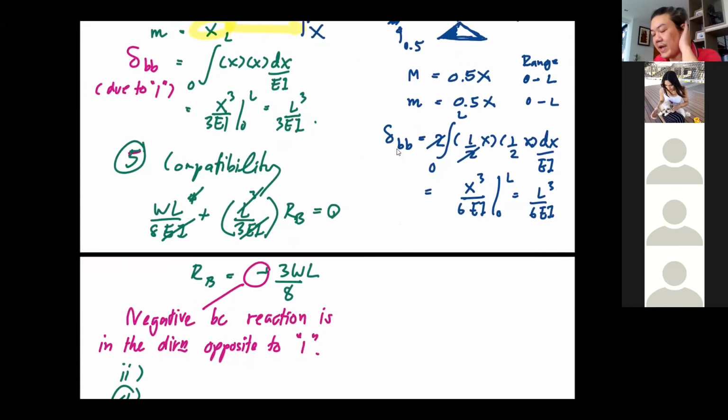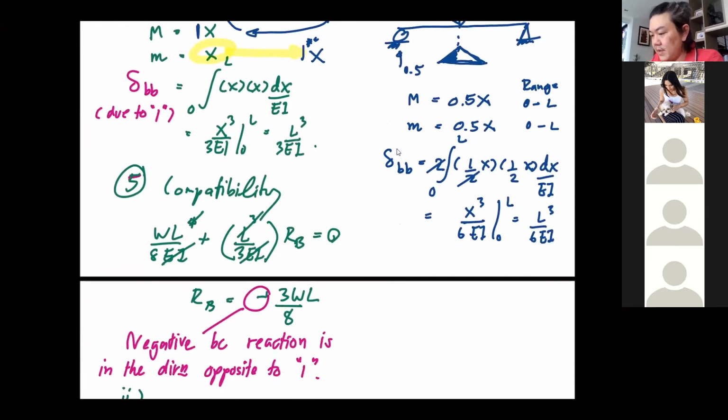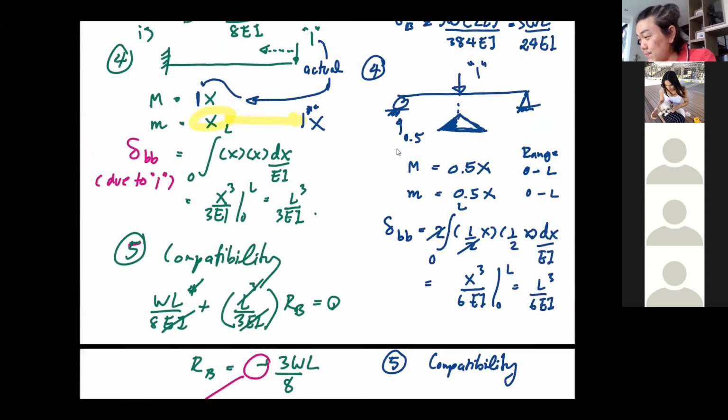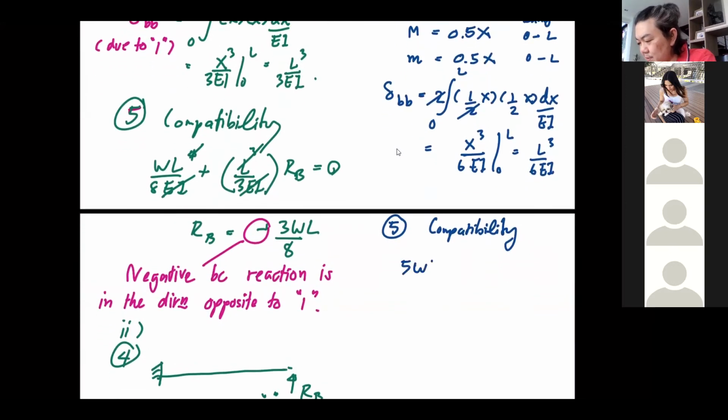So in the end, now we complete the step number 4. We have the displacement due to this. And we can now go to step number 5, which is compatibility. Now we have 5WL to the power 4 over 24 EI plus L cubed over 6 EI, but this has to be multiplied by RB.